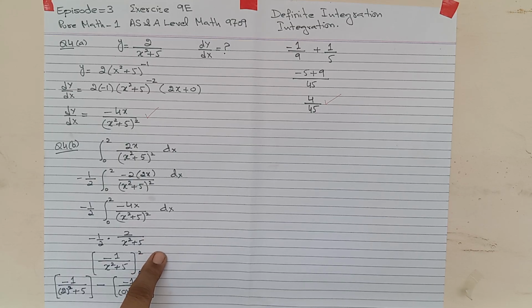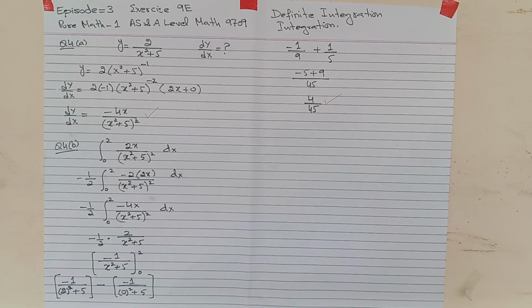So here I will put those limits. First of all, in the place of x, I will put 2, minus, and then in place of x, I will substitute 0. So that's why we have written here minus 1 divided by 2 square plus 5 in a bracket, minus 1 divided by, in the place of x, I will substitute this 0 plus 5.